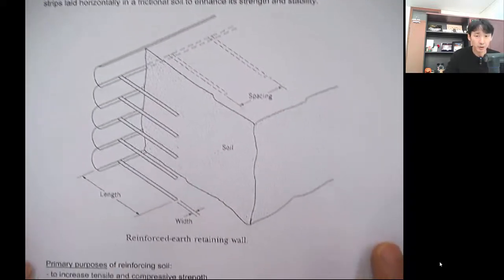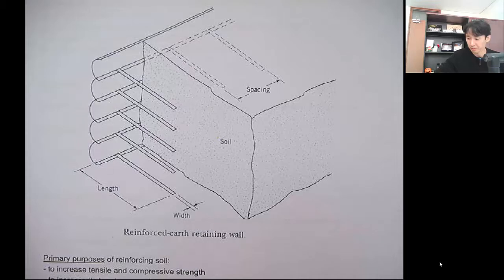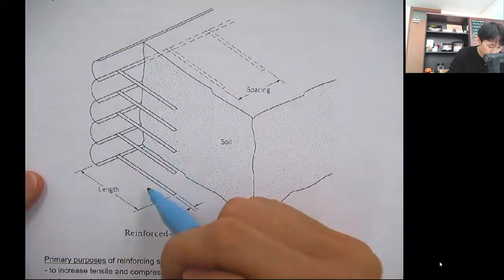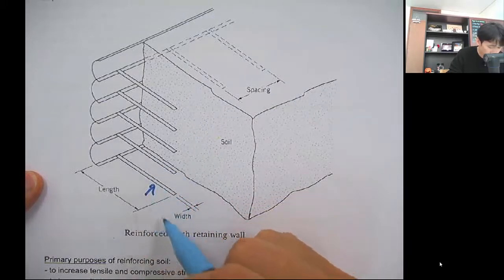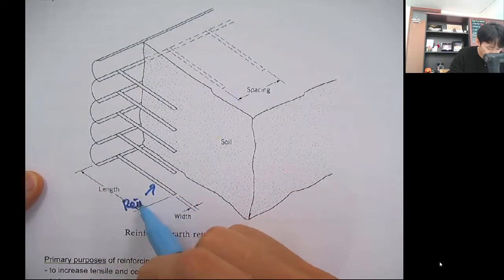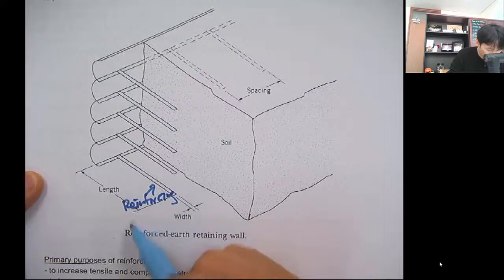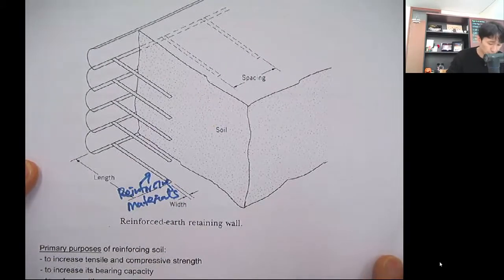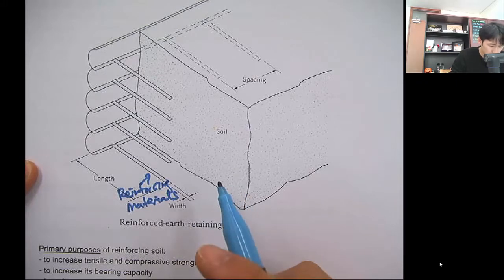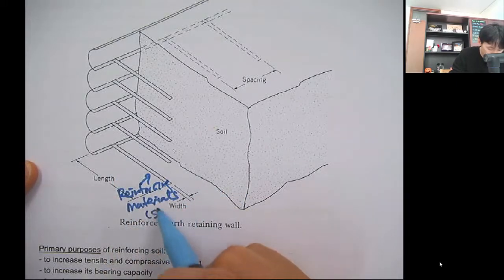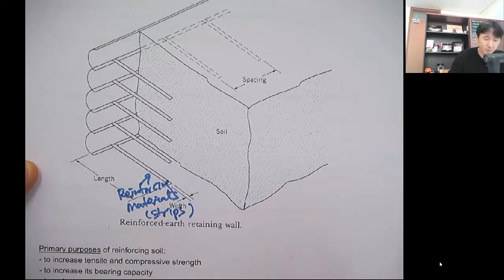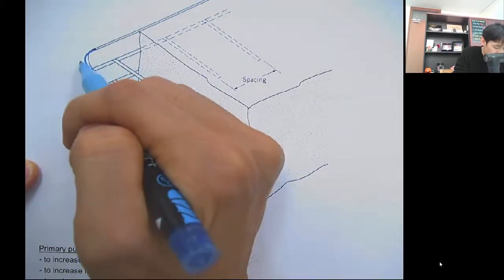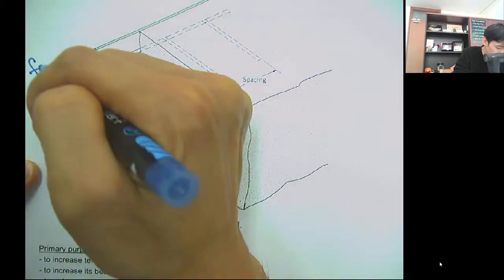This is the picture showing the reinforced earth, and these are the strips, the reinforcing material. It can be like a flat steel strip. And here you have a face. These are the facing.